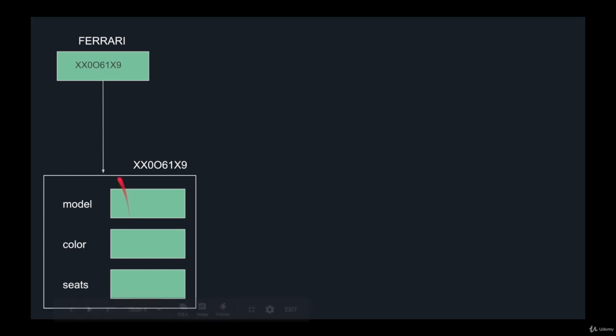So this reference variable which we created, the Ferrari reference object, will point to the memory location of the actual object. This object has a memory address, and this memory address goes and sits into the Ferrari reference variable.